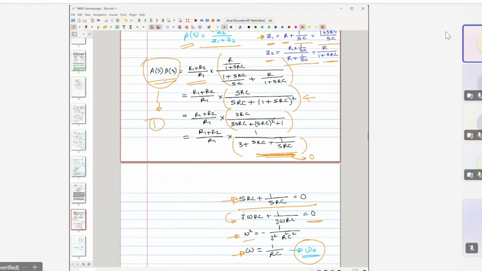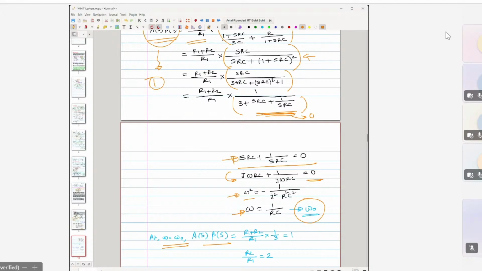Now at omega naught, what would be the magnitude of A and beta, or the loop gain? What you have to do is just put these things in from this expression. It is basically (R1 plus R2) by R1 into this part, which turns out to be 0, so it is becoming only 1/3. This is equal to 1.